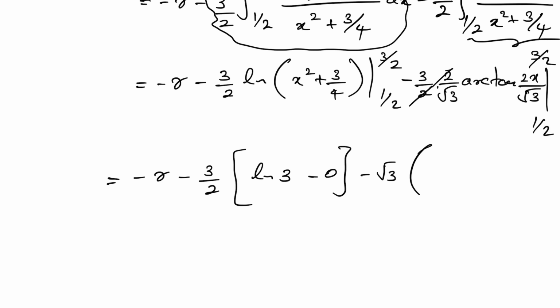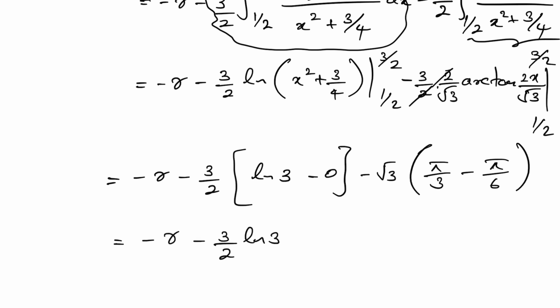Then we have arctan of the square root of 3, which we know is pi/3, minus, if we plug in 1/2, arctan of 1 over the square root of 3, which we know is pi/6. Well, now if we simplify, minus gamma minus 3/2 natural log of 3, and if we simplify this part, we have pi/3 minus pi/6, so here we have minus pi over 2 times the square root of 3. Okay, this is the value of digamma of 1/3.